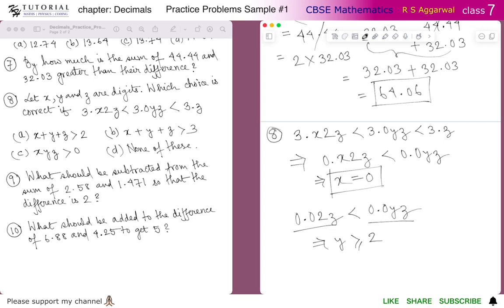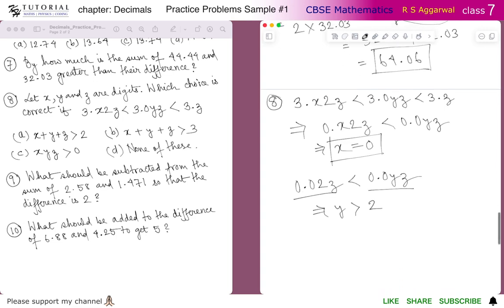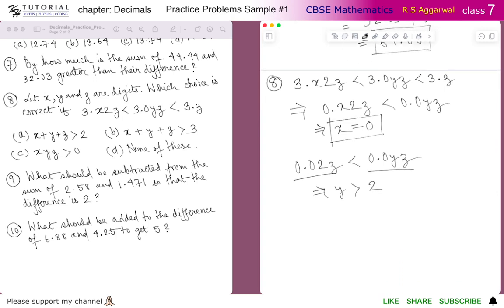Z is the same, but for 0.02z to be less than 0.0yz, y has to be greater than 2. Because the third digit is the same, for the first decimal part to be less than the second decimal part, it has to be the case that y is greater than 2. So we must have y greater than 2.